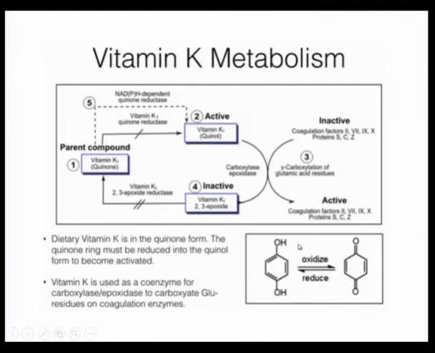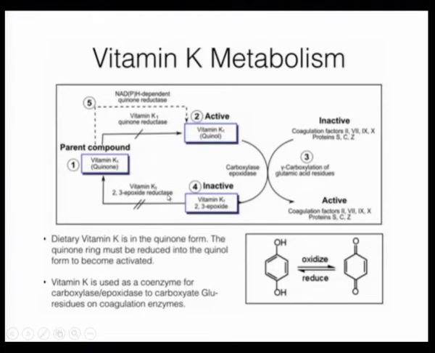So the dietary quinone, you see this is how it looks. Now this is a kind of keto-enol tautomerism. Here you see the ketone group gets converted into the phenolic group, and vice versa. When the ketone is reduced, you get the enol form, and when the phenolic form is oxidized, you get the ketone form.